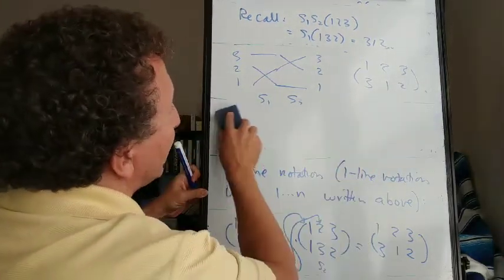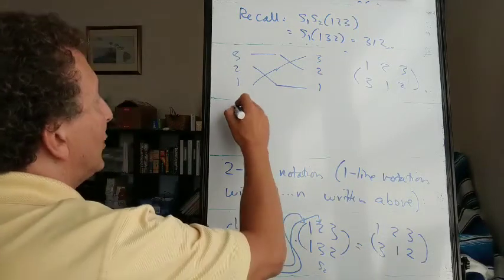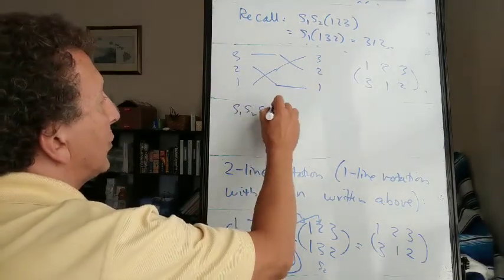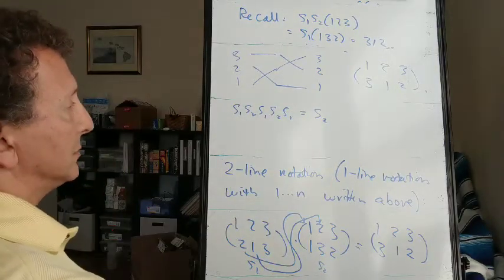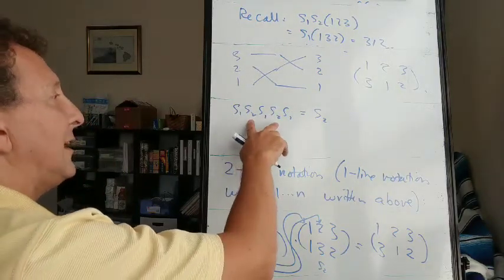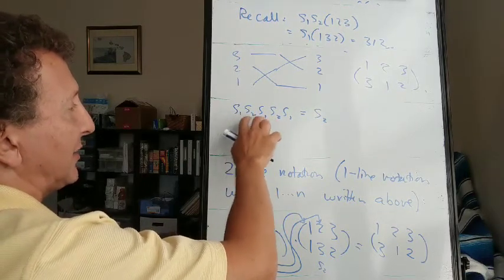And maybe it'll be worth it to do an example with an expression that's not reduced. So we said that S1, S2, S1, S2, S1 reduces to just S2, because this inner word with 3 letters here becomes S1, S2, S1, then we've got cancellation of S1s.